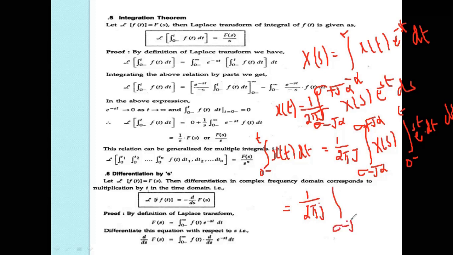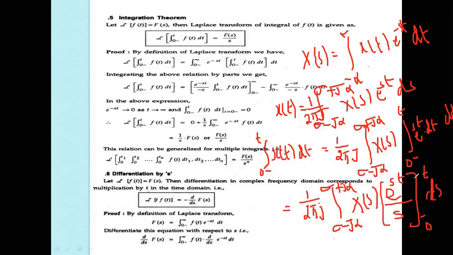the integral from sigma minus j infinity to sigma plus j infinity of X(s). What is the integral here? The integral of e to the power st is e to the power st by s, with the limits t and 0 minus, into ds. So apply here the upper limit and the lower limit. 1 by 2 pi j.